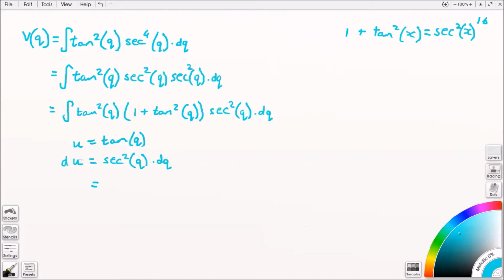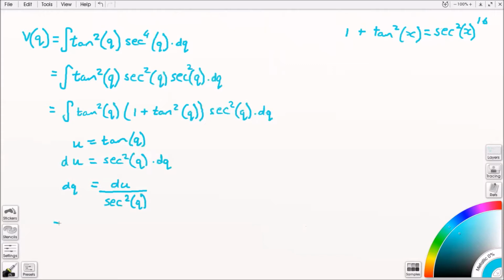Now if we rearrange this, we can make it so that dx is equal to du over secant squared x, and this is what will get rid of our secant squared x here.